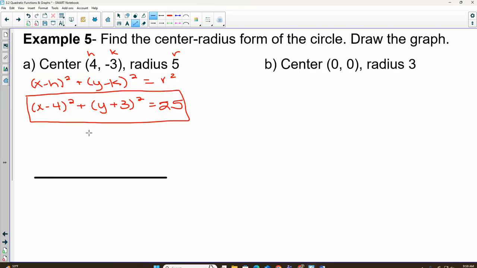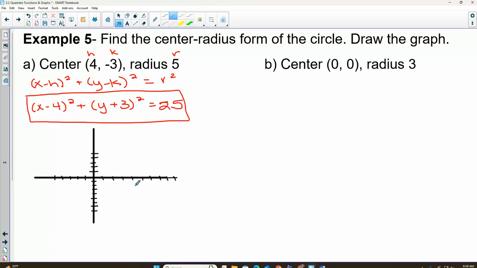If I asked you for the graph, we start at our center.